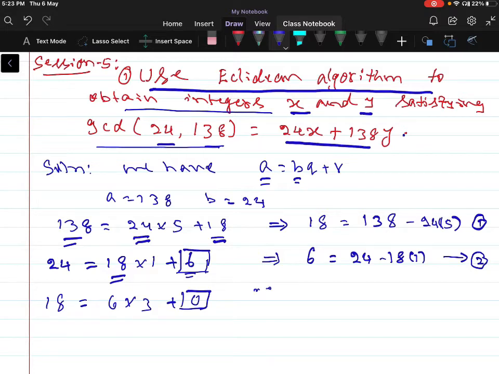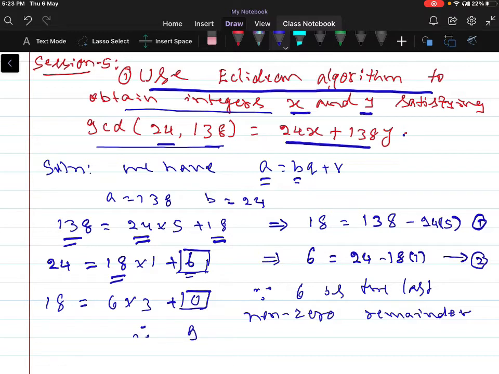Since 6 is the last non-zero remainder, therefore GCD of 24, 138 is equal to 6.